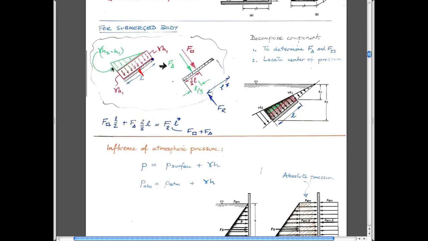You can break it down into a triangular part where you know the point of action is 2/3 down and 1/3 up. And if you know this length and this length, and you calculate the forces due to the green and the red, and you know the sum of these two forces is equal to the resultant, then you can calculate where the lever arm is as well. And you may have done that in some of your classes.